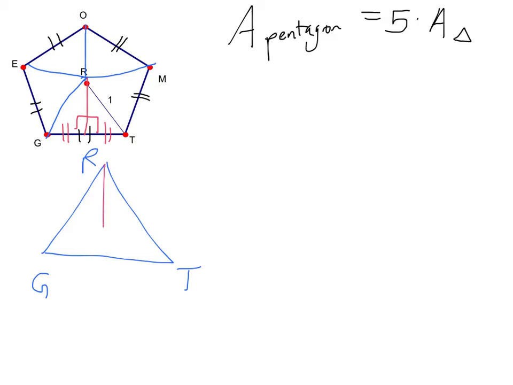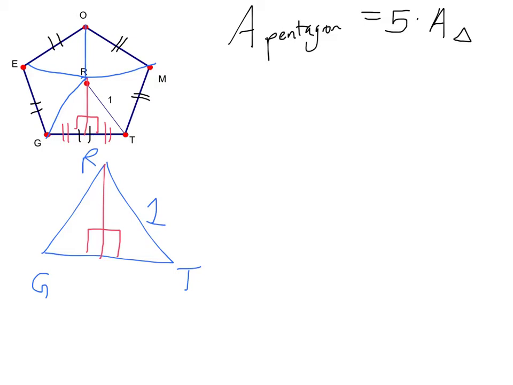So I'll draw that on my triangle that I popped out here. So really, we've reduced a challenging problem, finding the area of a pentagon, into just finding the area of a triangle. Now we also know that the radius is given, RT is 1. Remember, all radii that I mentioned earlier are all congruent. Okay, so we know RT is 1.